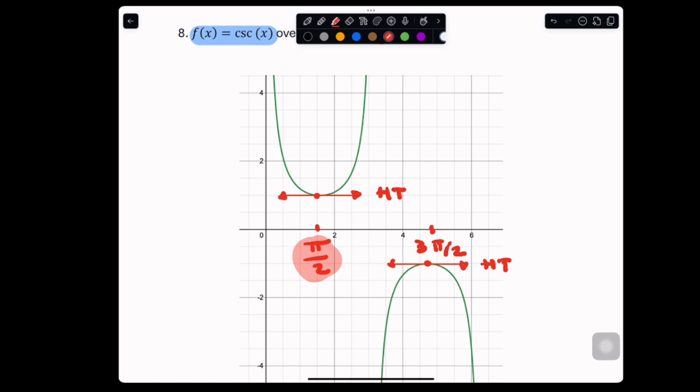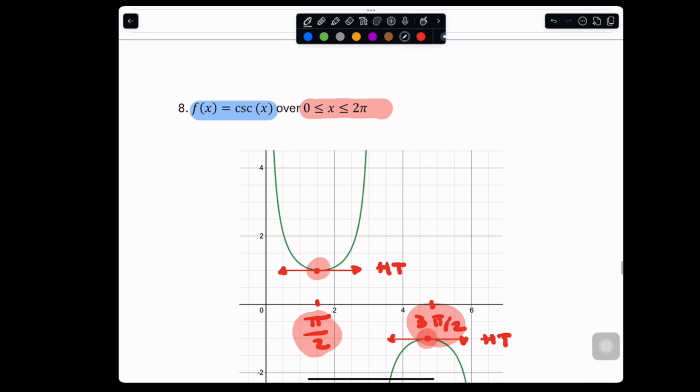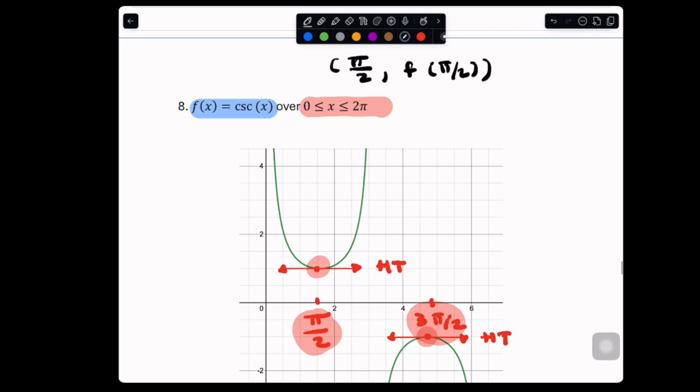It's both an x and a y coordinate here. We have to find the y coordinate. So if you want to put the solutions here, this is cosecant. My first solution is x is pi over 2, comma, f of pi over 2. And you can find cosecant of pi over 2. I think it's going to be 1.